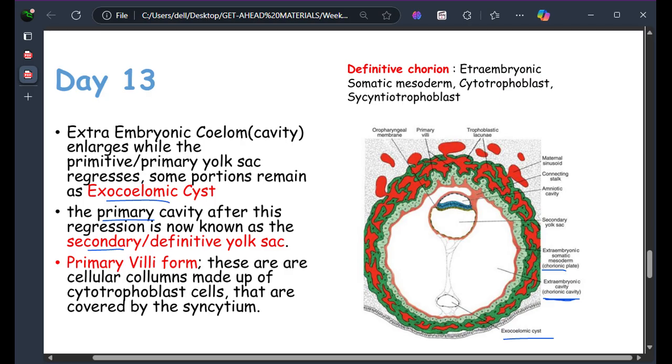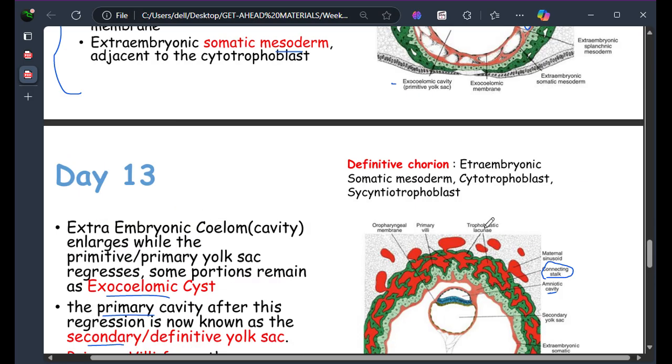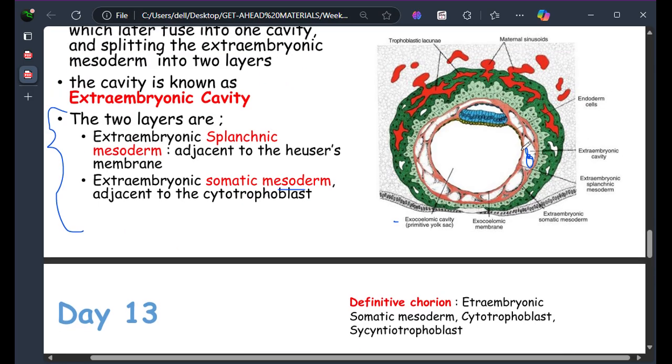And then what other change are we seeing here? Okay, so there's development of what is known as the connecting stalk. We have the connecting stalk here. So, how does the connecting stalk form?